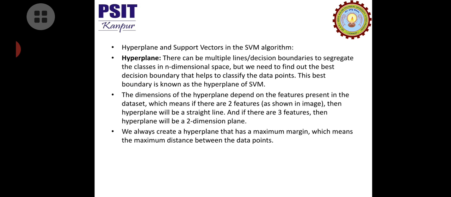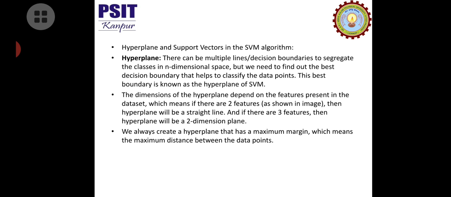The dimension of the hyperplane depends on the features present in the data set. If there are two features, as shown in the image, the hyperplane will be a straight line, and if there are three features, then the hyperplane will be two-dimensional.